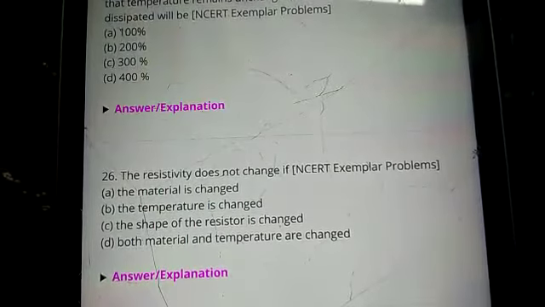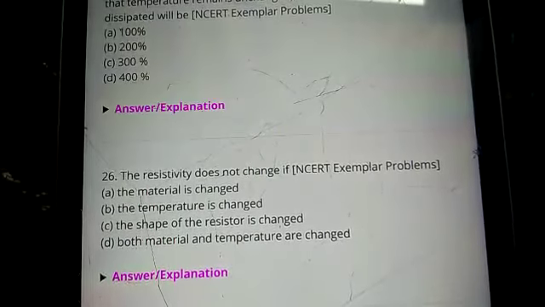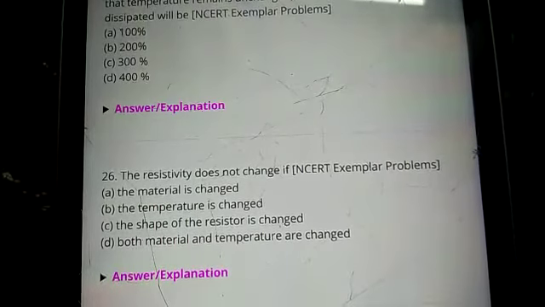So C is going to be the correct option, because resistivity does not depend upon shape and size, but resistance depends upon shape and size. If shape is changed, resistance will change. So for question number 26, your C is going to be the correct option.